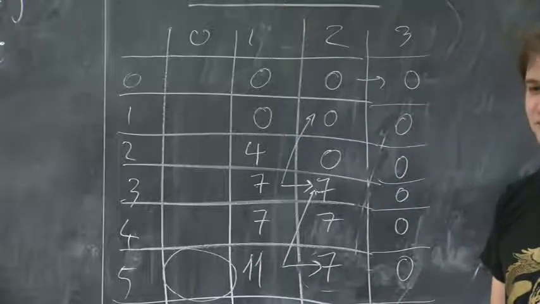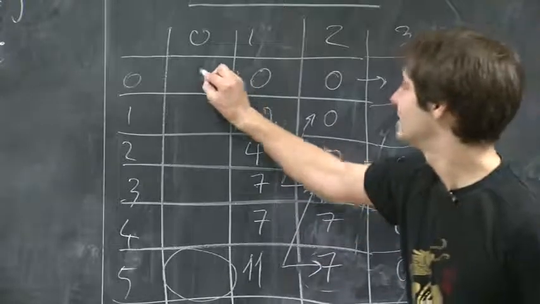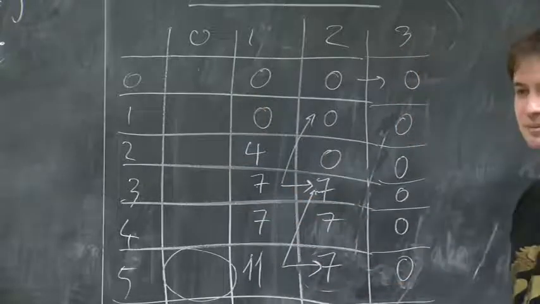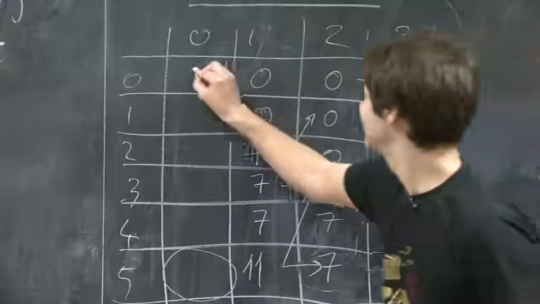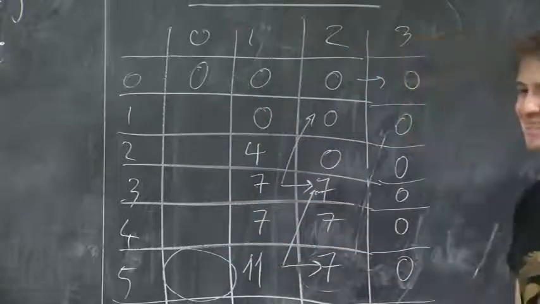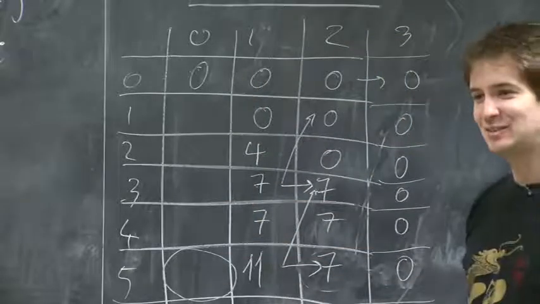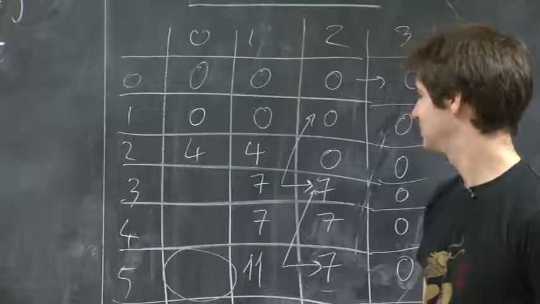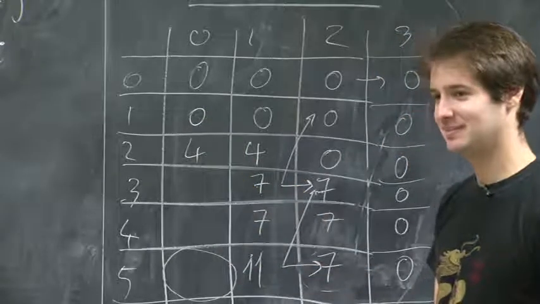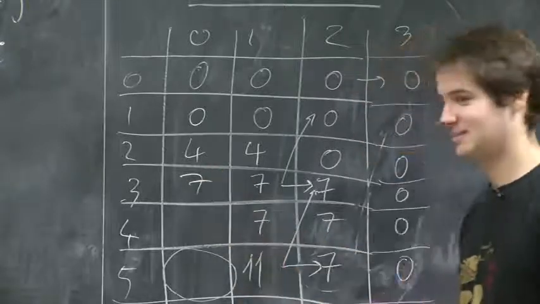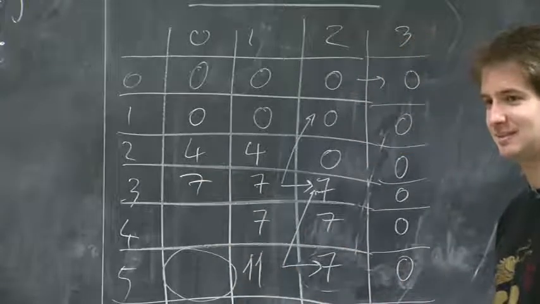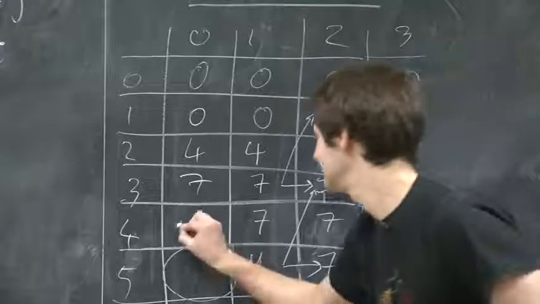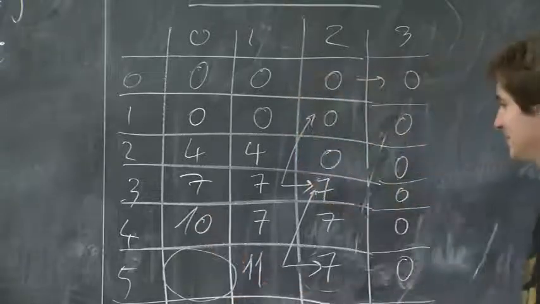Does this make sense for everyone? Last column. Let's do it. 0. Feels like 0. All right. 0 again. Why not? 4. How much is this thing? 4. 4. 7. 10. Sorry for my handwriting.